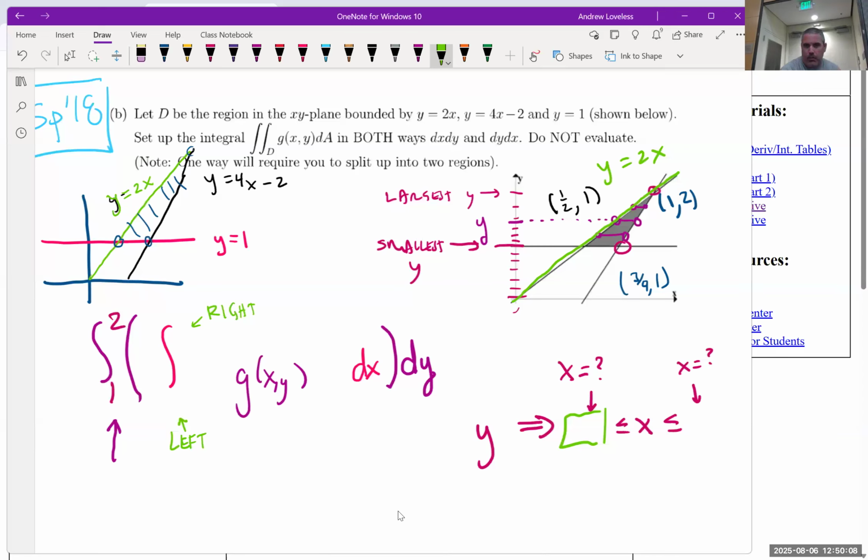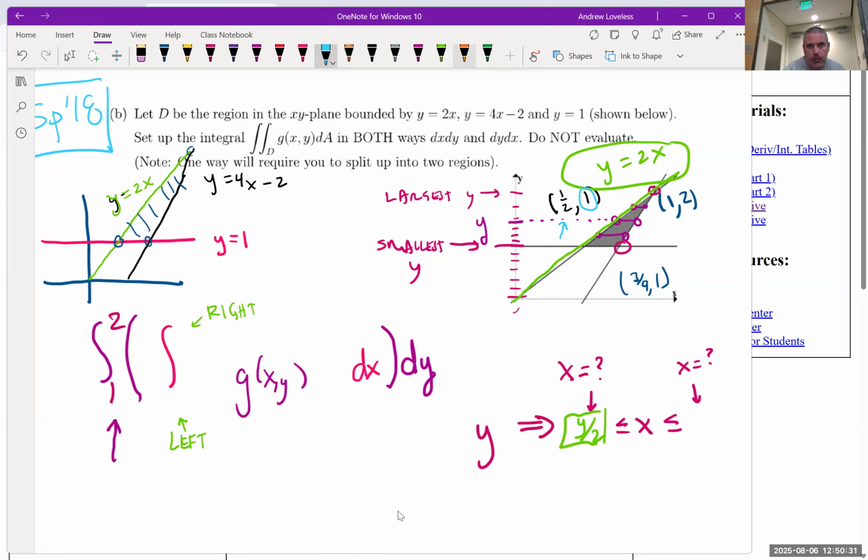Well, we need to rearrange. So if I give you a y, this would be y over 2. I'm rearranging this. We can test it out. Like if we plug in a 1, we get a half. Plug in a 2, we get a 1.